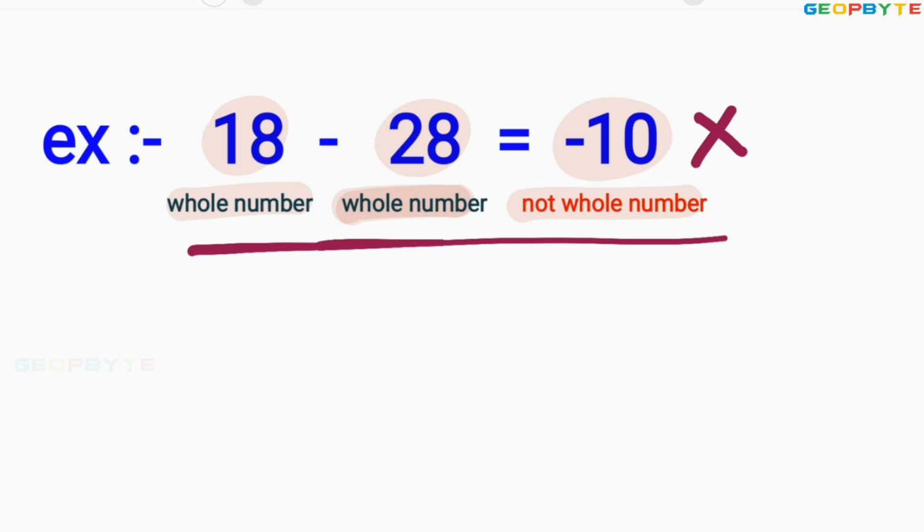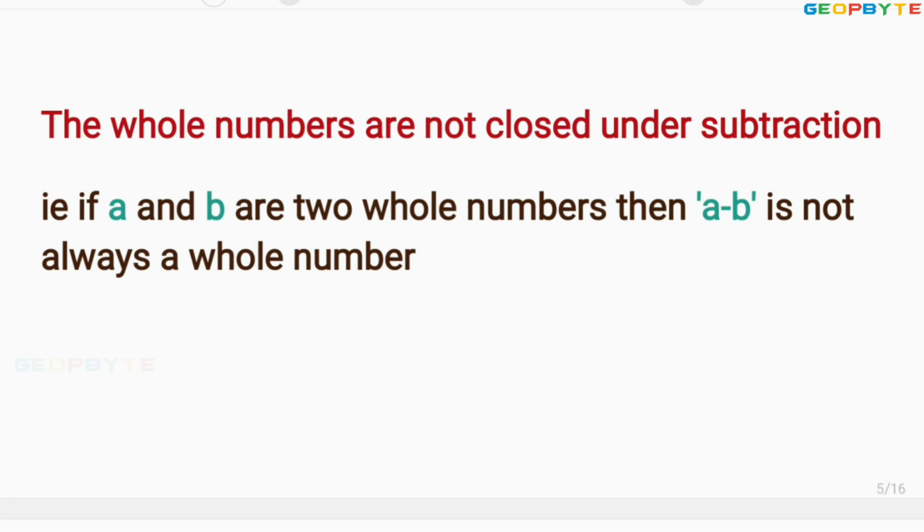Conclusions are like this. Look at the screen. The whole numbers are not closed under subtraction. That is, if a and b are two whole numbers, then a minus b is not always a whole number.